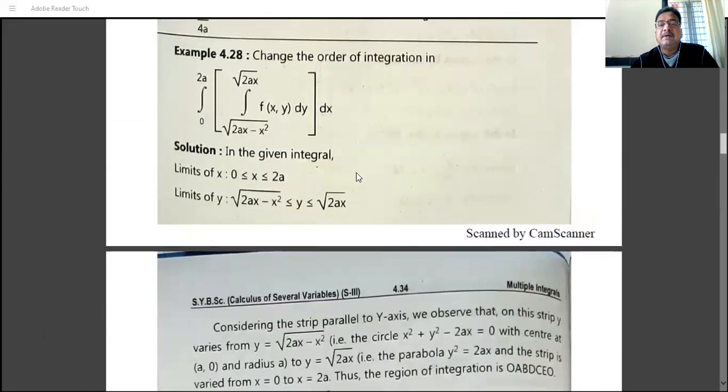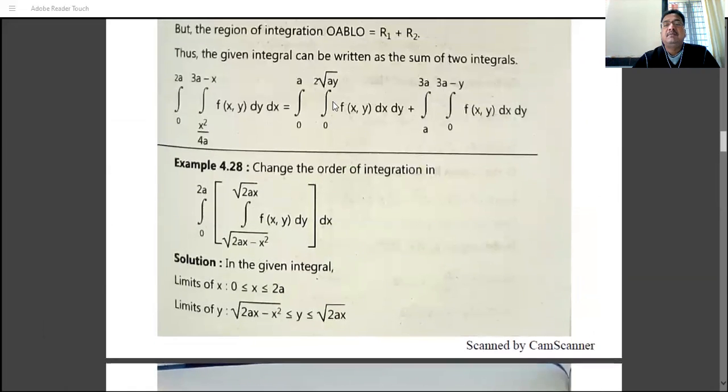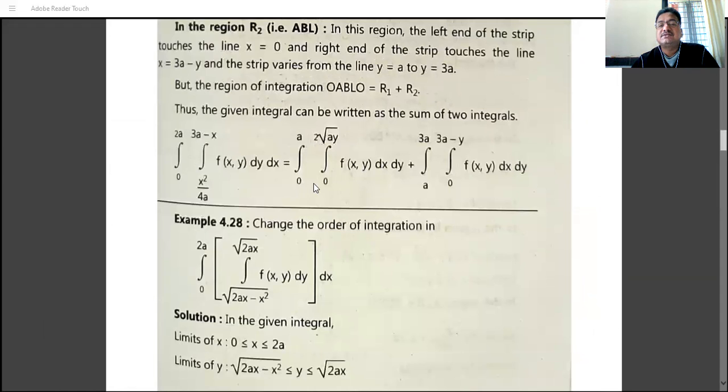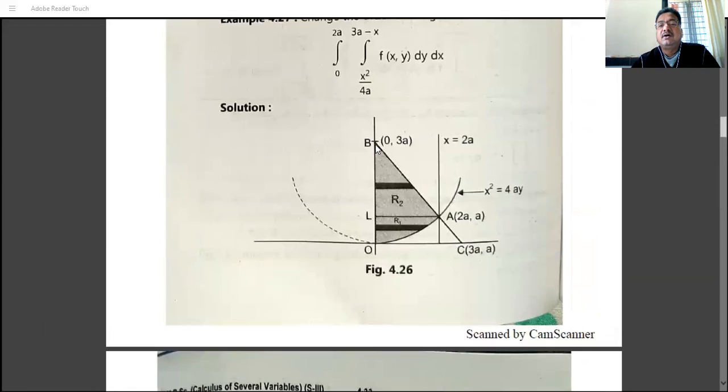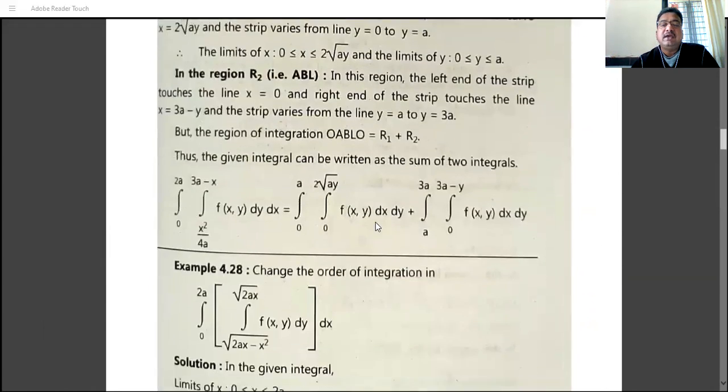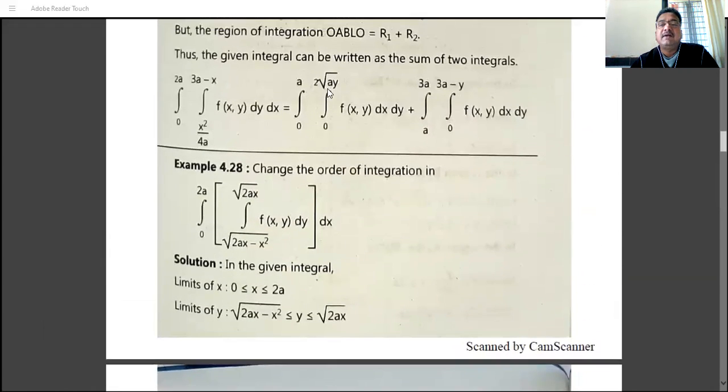So x square by 4a is the upper limit. We have to find the value of x. So one end touches the y-axis, means x is equal to 0, and another end touches this curve, x square is equal to 4ay. So from this the value of x is 2 root ay. 2 root ay is its upper limit.